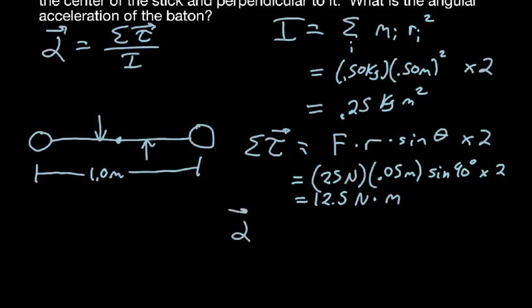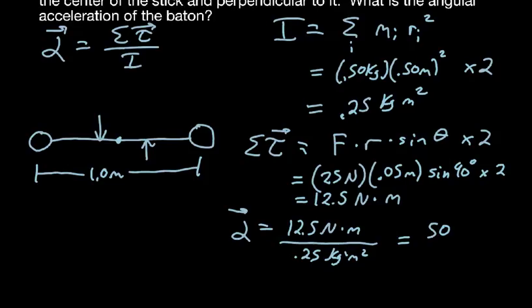Angular acceleration is going to be equal to the net torque divided by the rotational inertia, so 12.5 newton meters divided by 0.25 kilogram meters squared, and dividing by 1/4 is times 4, that'd be 50. And the units on angular acceleration are radians per second squared.